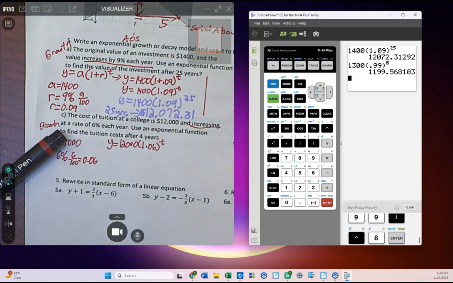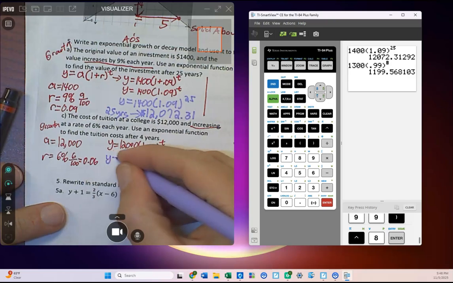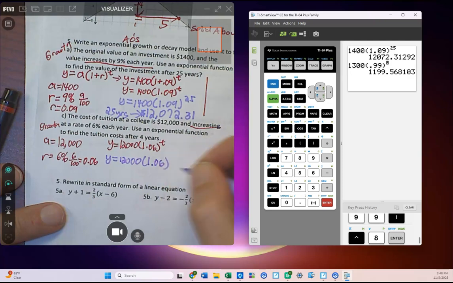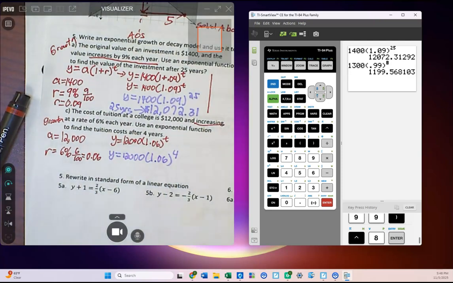Now we've got to figure out 4 years. 12,000 increasing. The reason that one's there is we have to preserve 100% of the original. 100% of the original is 12,000, and then we're adding a little bit.